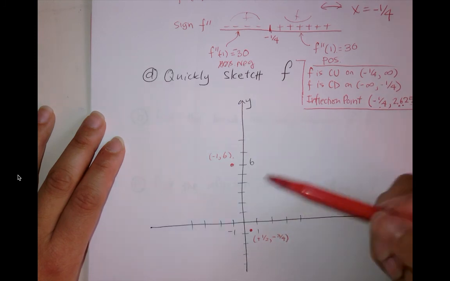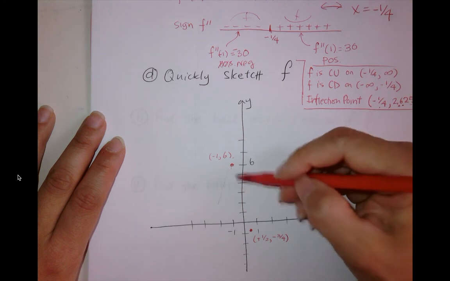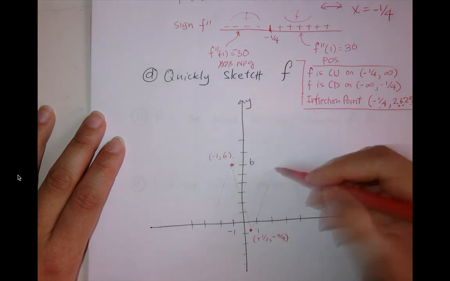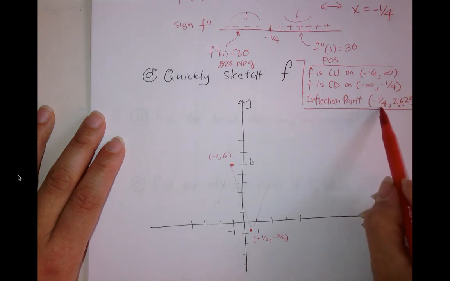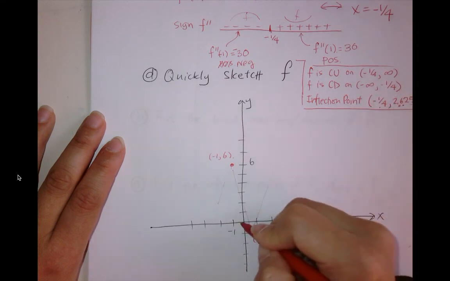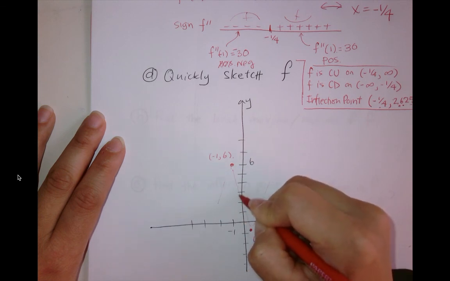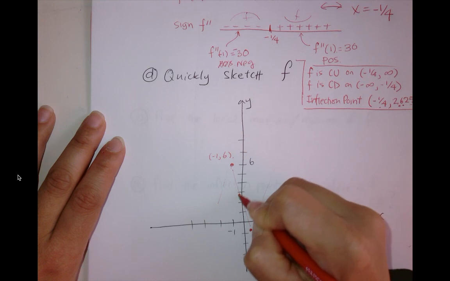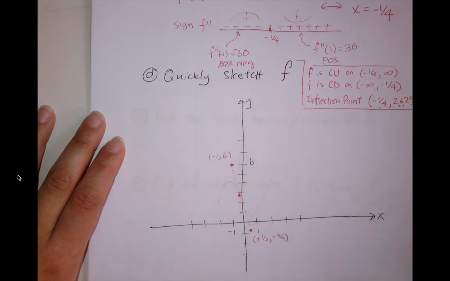We also found that the function was increasing over here, decreasing here, and increasing here, and that there was an inflection point at -1/4, which is about here, 2.625. So maybe right around here, there's an inflection point. So the graph should be concave down and then concave up. This information helps me to do a really rough sketch of the graph.